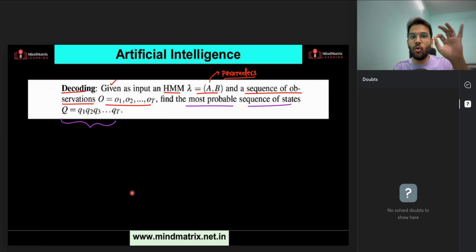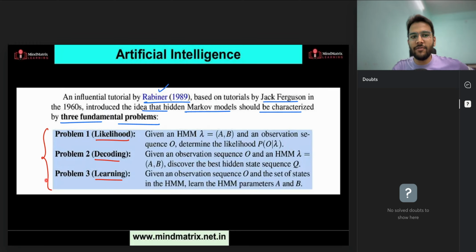What is this decoding problem that we have? I talked about 3 problems we have. This is the second problem, that is decoding. Is this clear to all of you? Just read it again. An observation sequence is given to you. Parameters are given to you, that is lambda, A comma B. Discover the best hidden state sequence. This is the problem of decoding.